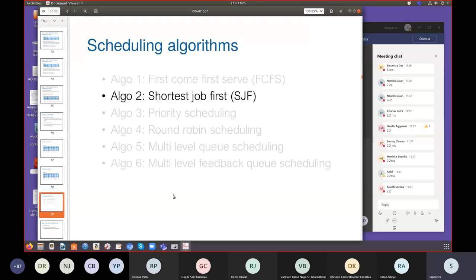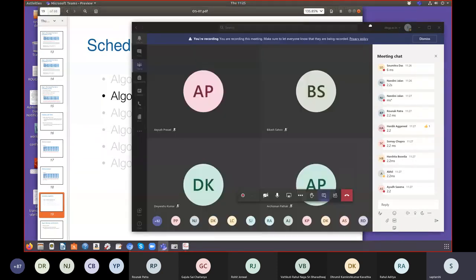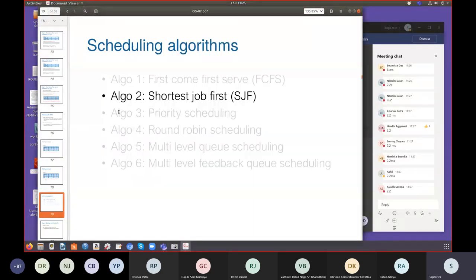Okay. So that was first come first serve scheduling, which is clearly not a very efficient way of going ahead. The one major problem we understood is that if by chance a process which has a long CPU burst time is allocated the CPU first, then all other processes have to wait for a long time.